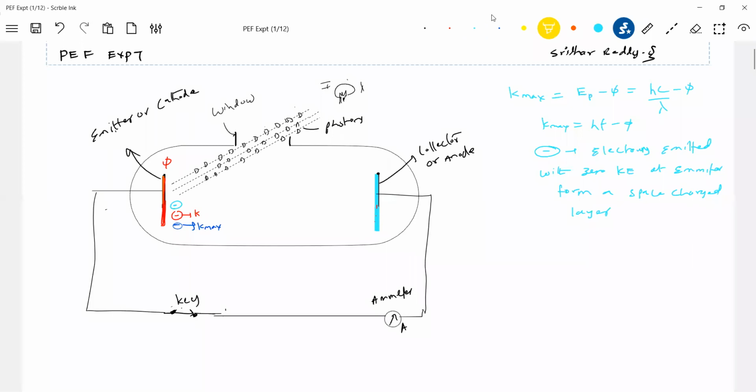I'm calling it specifically a space charged layer, or you can also call it a charged cloud.